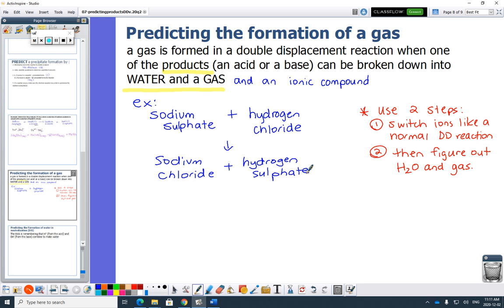So sodium sulfate was actually one of the ones we already just did. Okay, so we already did this one, but again, we'll do it again.